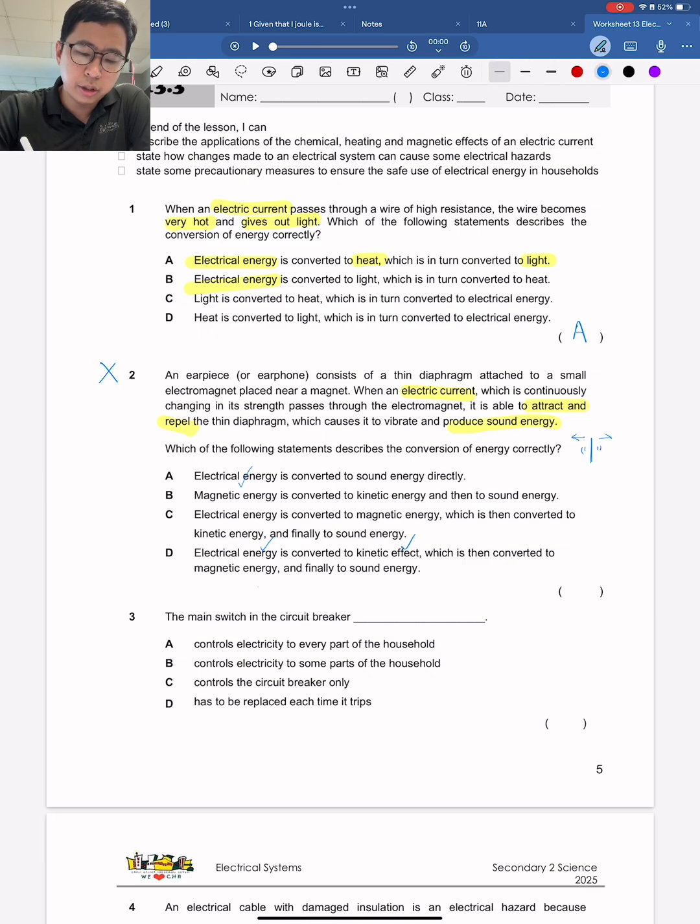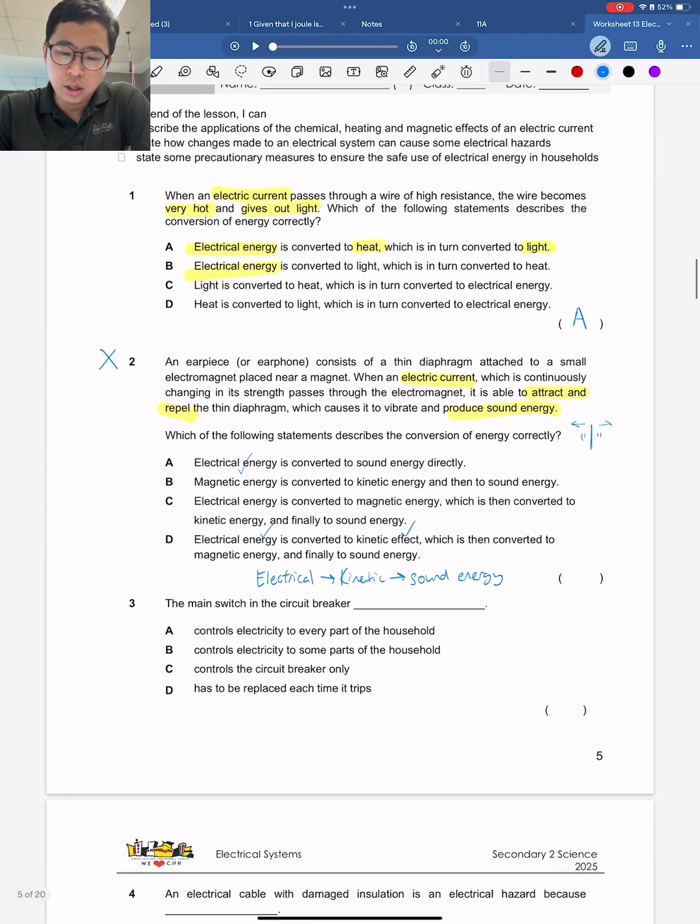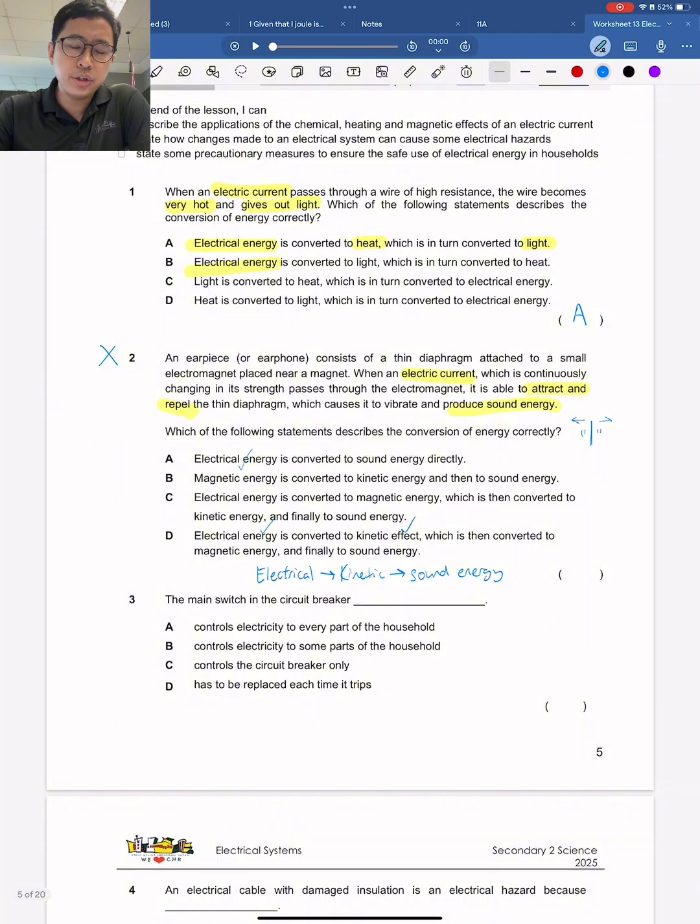The conversion should be from electrical to kinetic, then finally to sound energy. If you look through your notes, there should not be magnetic energy. There are magnetic effects, but in terms of energy conversion, I think this is wrong. So just ignore this question.